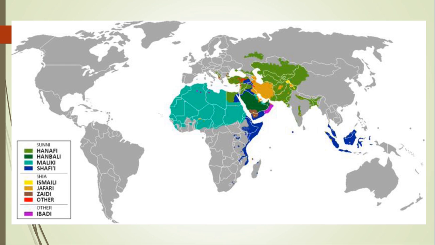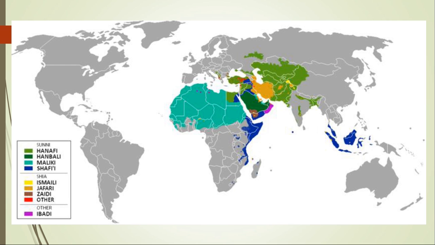And then we also have the Shia: Ismaili, Jafari, Zaidi, and others. Obviously, on top of that, we do have others, in purple. But this is just a general description. It is not precise because within a country itself, we have multiple believers of certain schools.